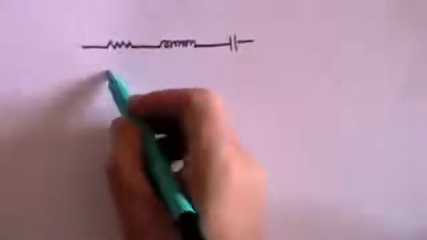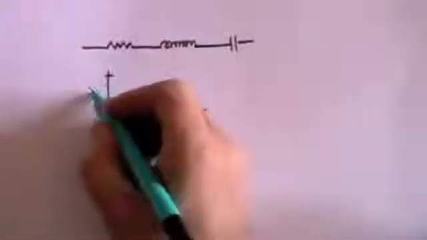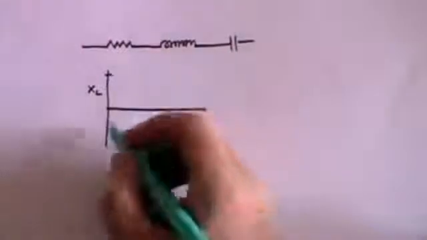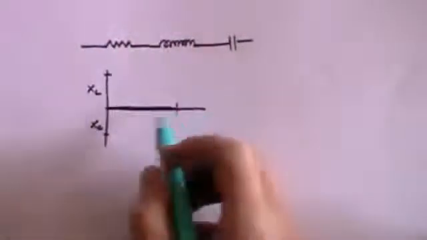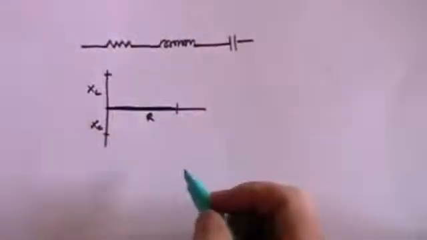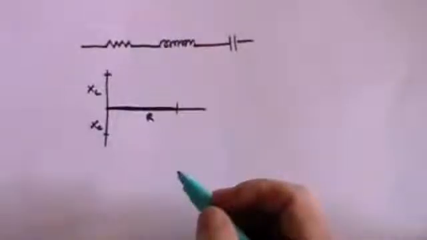Well, we plot our phasor diagram, which is going to have three elements on it. Firstly, an inductance, XL, then a capacitance, XC, and then a resistance, R. And how are we going to construct our diagram in order to do our Pythagoras? Well, it's quite simple.